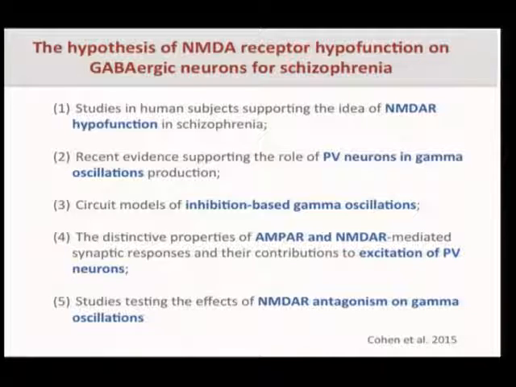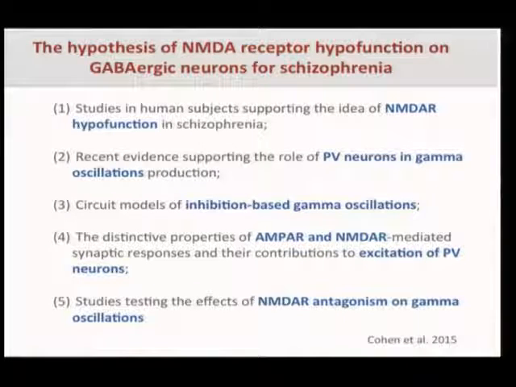Also, there is some recent evidence supporting the role of PV neurons in gamma oscillation production. And I will also talk about some circuit models of inhibition based on gamma oscillations. There are distinct properties of AMPA receptors and NMDA receptors that mediate synaptic responses and their contributions to excitation of PV neurons. And finally, there are studies that test the effects of NMDA antagonists on gamma oscillations.